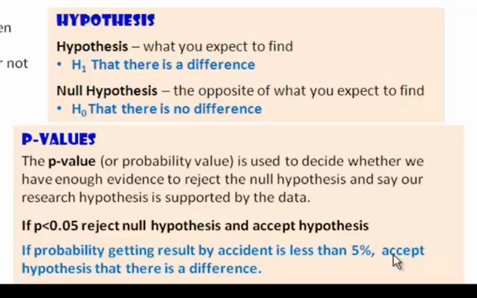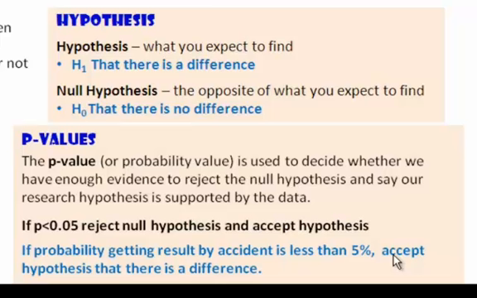If the p-value is less than 0.05, in other words, if there is less than 5% possibility of getting the result by accident, then I can reject the null hypothesis and accept the hypothesis, which means accept that there is a difference at different times of day.